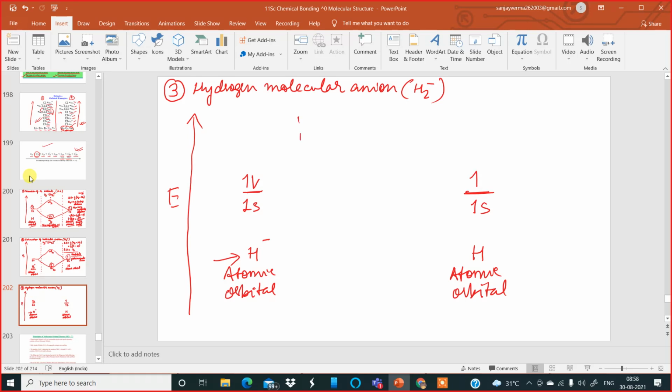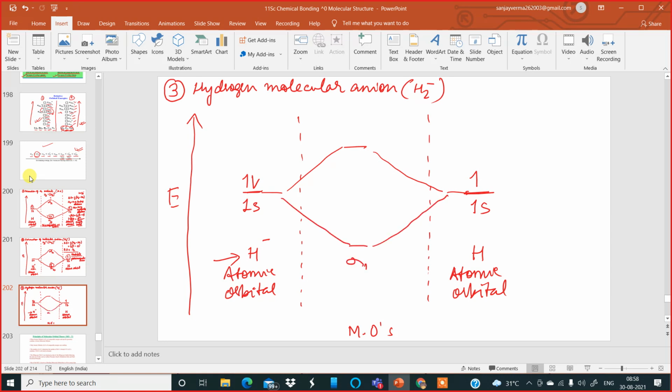Now I'll draw dotted lines over here and here also to demarcate the atomic orbitals from the molecular orbitals. The center one is the molecular orbitals. Now I'll draw the lines and make the molecular orbitals like this. So this one becomes sigma 1s. This one becomes sigma star 1s.